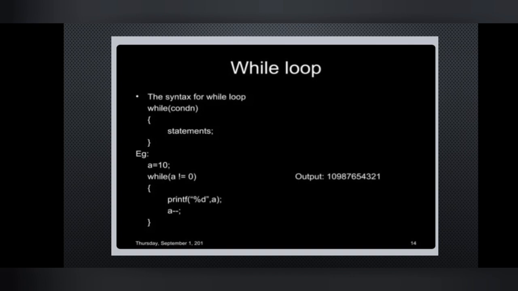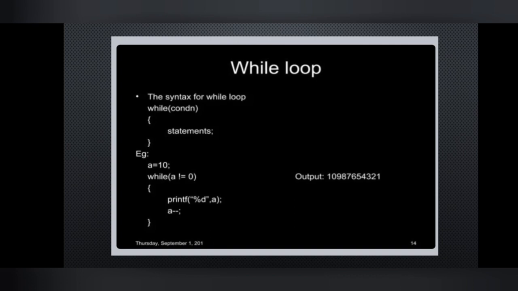The syntax for the while loop is while, in brackets the condition, and in parenthesis we have the statements. For example, a equal to 10, we have initialized the value to 10, and while a is not equal to 0, where the exclamation stands for the not operator, print a, and we have decremented the value, a minus minus.